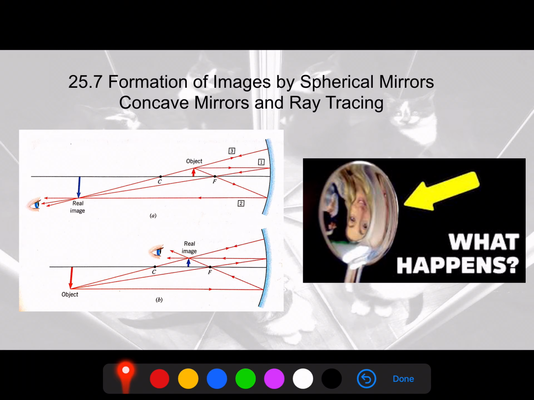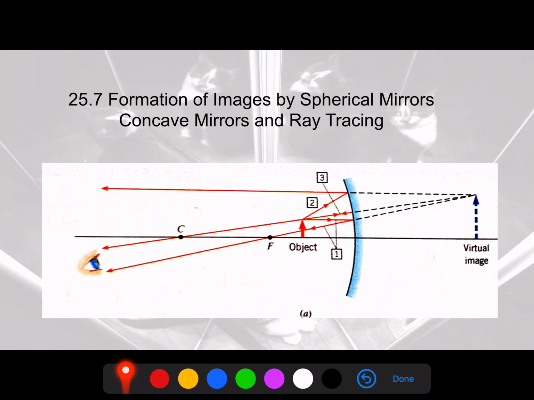We can either magnify it or make it smaller depending on where we place our object, but it is a real image. So the question is, can I create a virtual image with a concave mirror? I showed you how I could do that with a convex mirror. The answer is yes, I can also create a virtual image with a concave mirror.